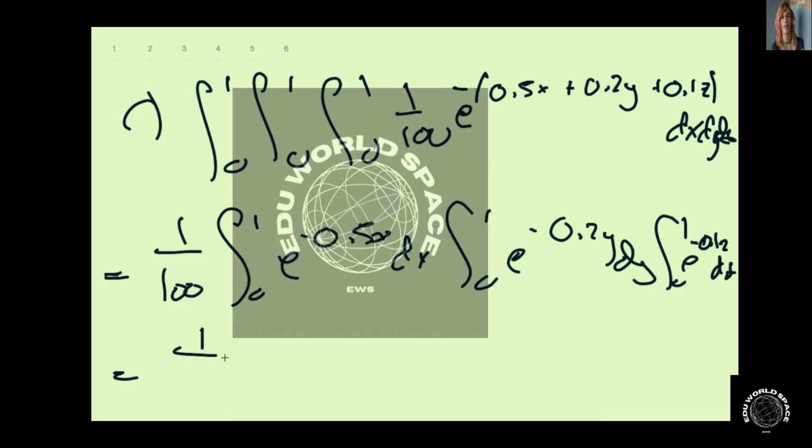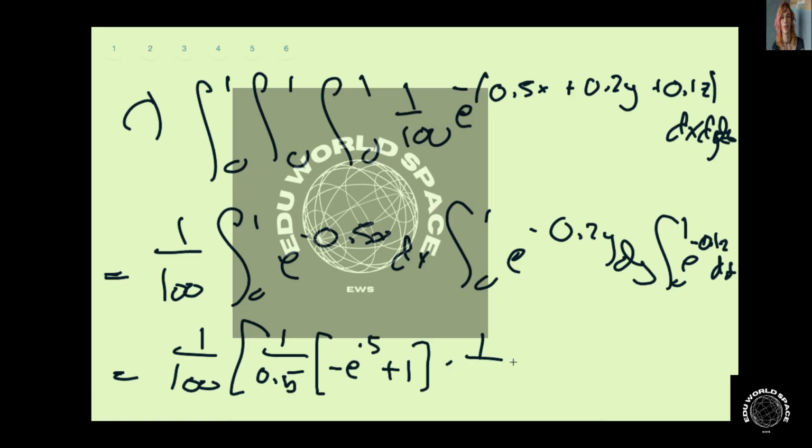We get 1 over 100 times 1 over 0.5 times negative e to the negative 0.5 plus 1, times 1 over 0.2 times negative e to the negative 0.2 plus 1, times 1 over 0.1 times negative e to the negative 0.1 plus 1.